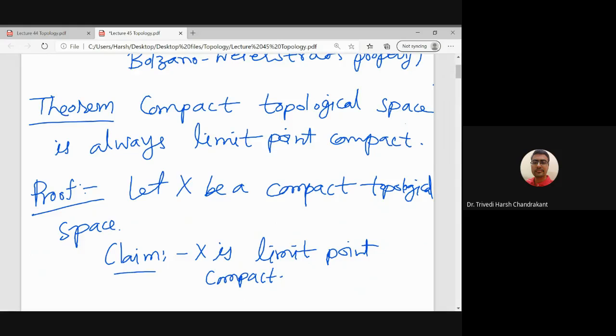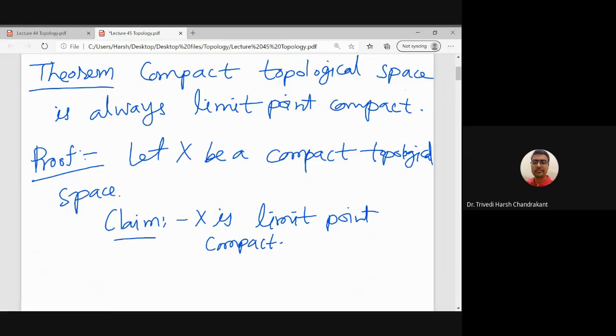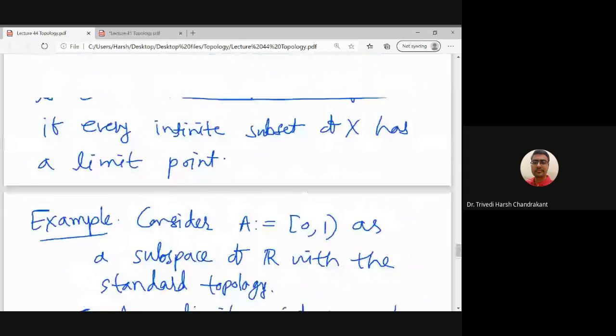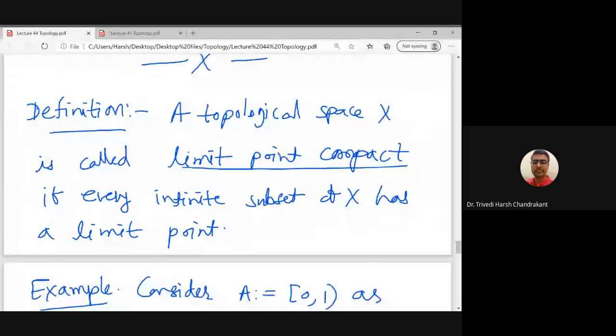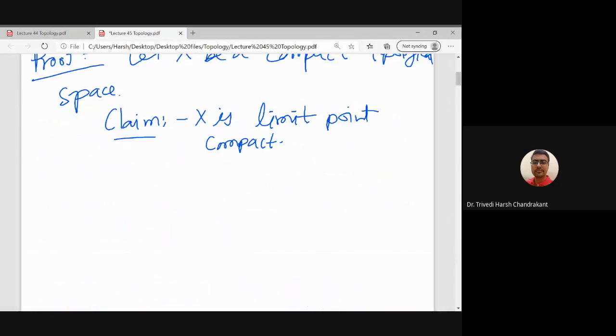We know the definition of a limit point compact space, that is, every infinite subset of X has a limit point. So we want to prove that if we take any subset A of X which is infinite, it contains a limit point. So let us start with such a set.